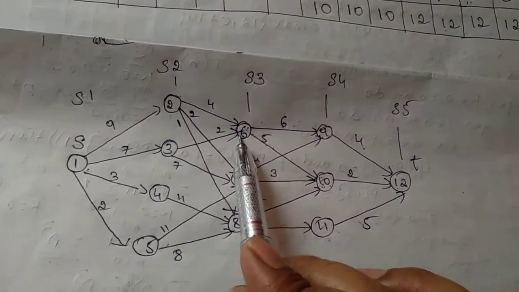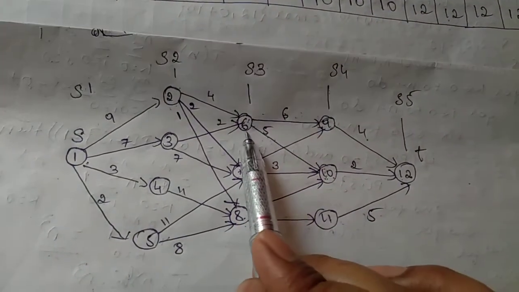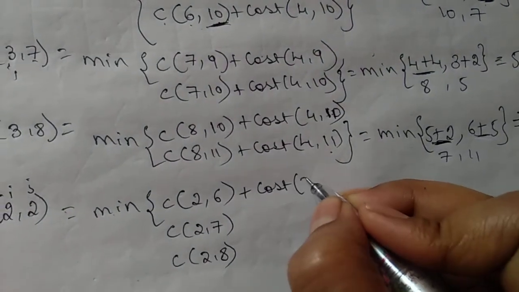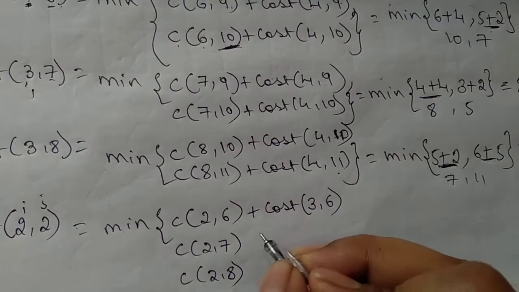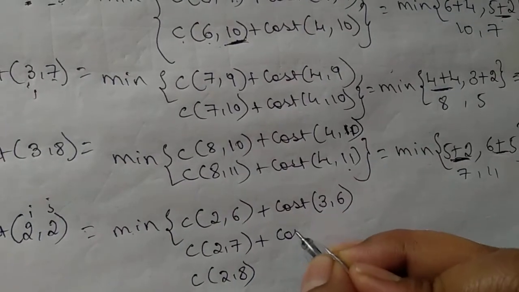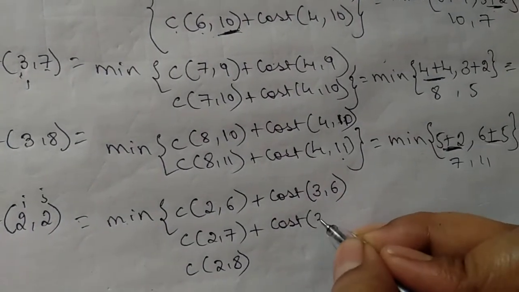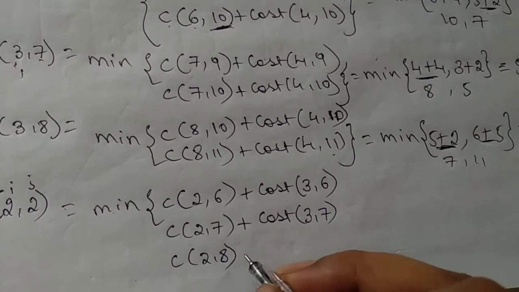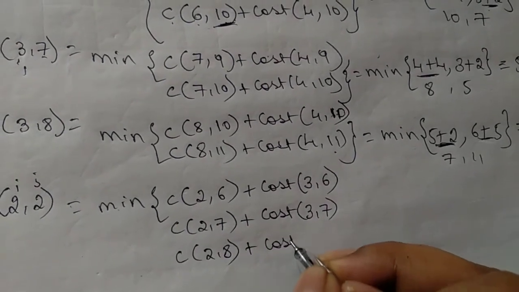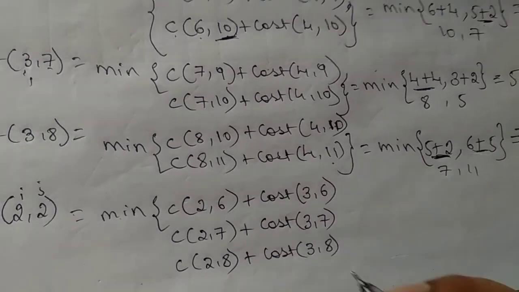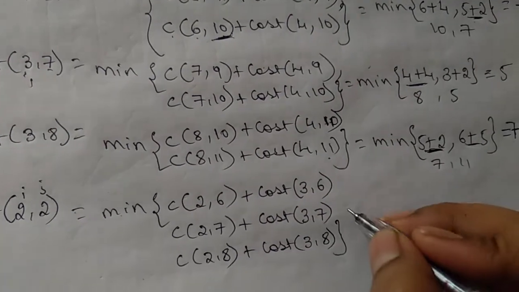Then cost of 6 is present in which stage? Stage 3. The vertex is 6. Next again 7 is also present in stage 3. Then cost of 7 you have to take. Then 8 is also present in stage 3. Then 8 we have to take.